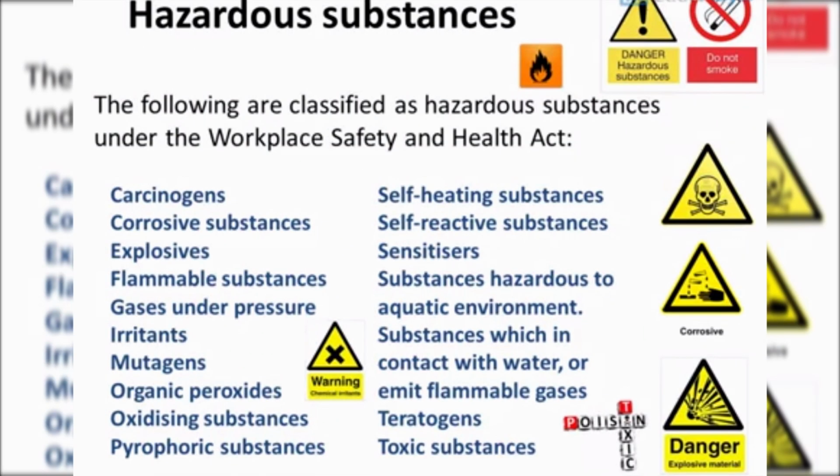Hazardous substances. The following are classified as hazardous substances under the Workplace Safety and Health Act. Carcinogens. Corrosive substances. Explosives. Flammable substances. Gases under pressure. Irritants. Mutagens. Organic peroxides.